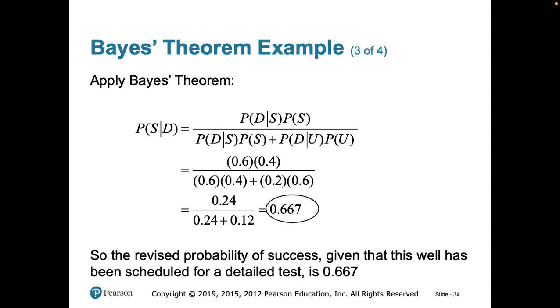Once you simplify that, you get 0.667, or 66.7%. After you revise this, you come to the conclusion that, given this well has been scheduled for a detailed test, there is a 66.7% chance of the well being successful. So you're more likely to invest the money needed to implement the well.